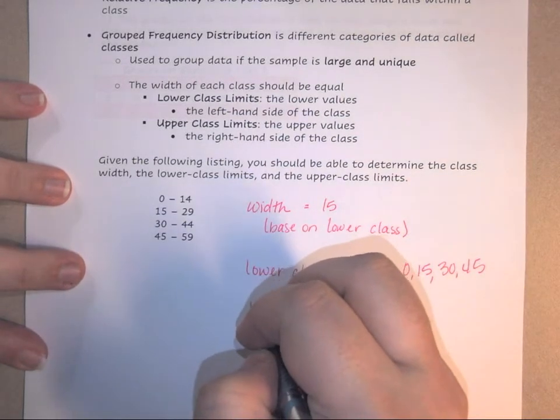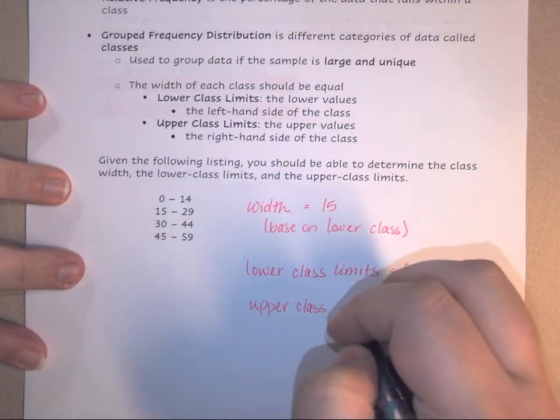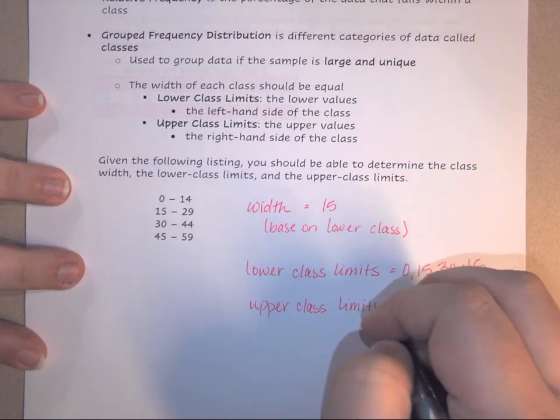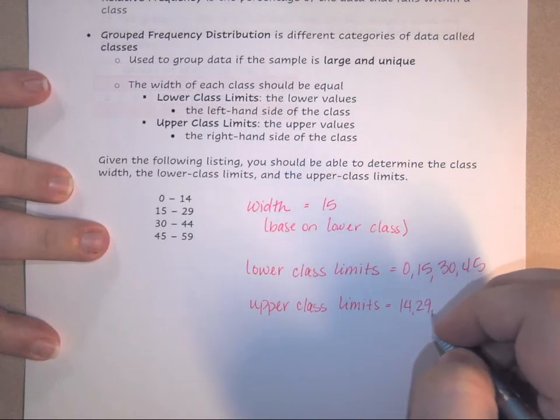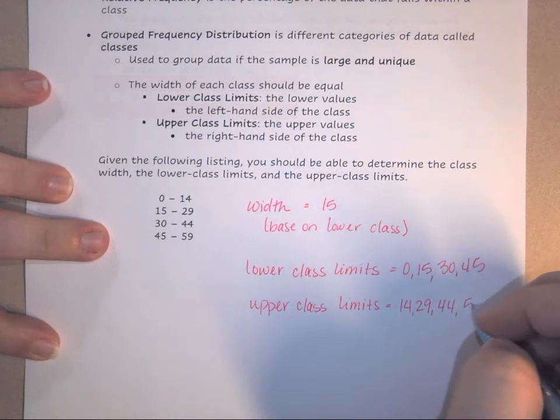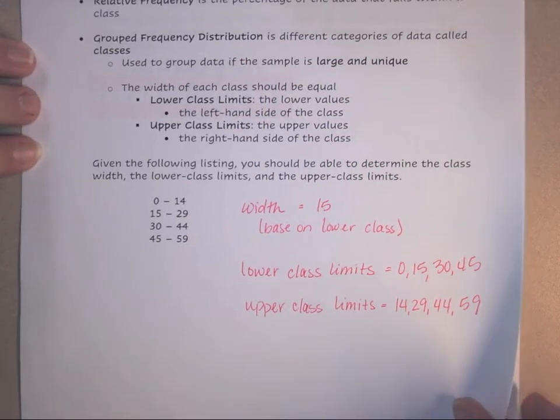And then my upper class limits would be that right hand side. So 14, 29, 44, and 59. So when we're talking about just simply listing the classifications for your frequency listings, this is part of what we are getting at.